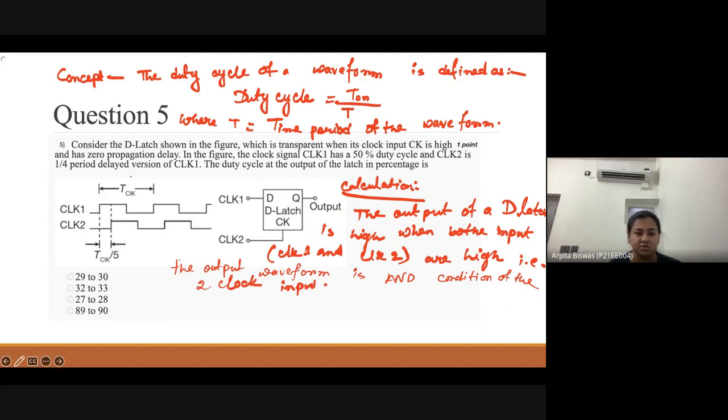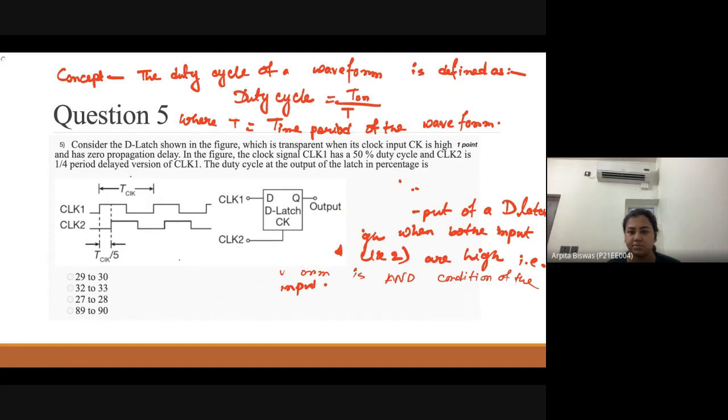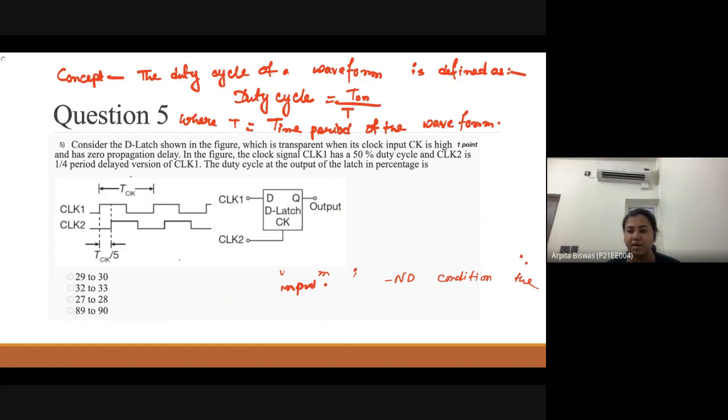Now draw the clock segment. When both inputs are high, only then the output will be high, so it is satisfying the AND condition.